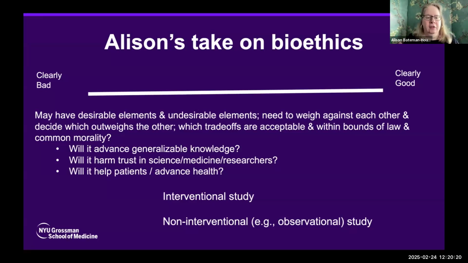Because that's what we think research is. Will it harm trust in science, medicine, or researchers? Because perhaps a small gain in generalizable knowledge would not be worth it if it created distrust and a lack of willingness to participate in research on a wider scale. And will it help patients? Will it advance health? Because that's what we're really all about.